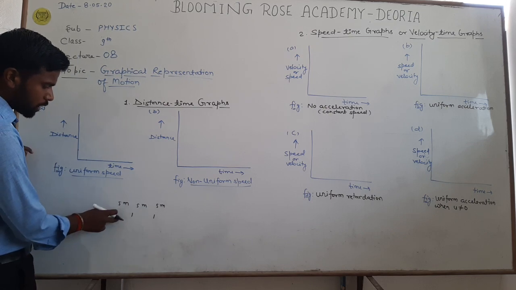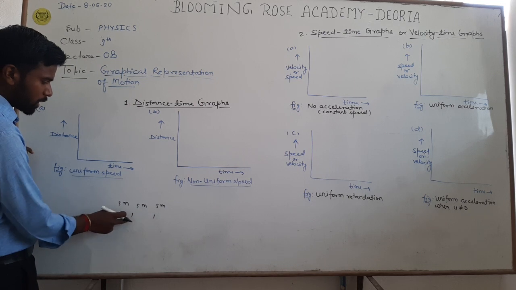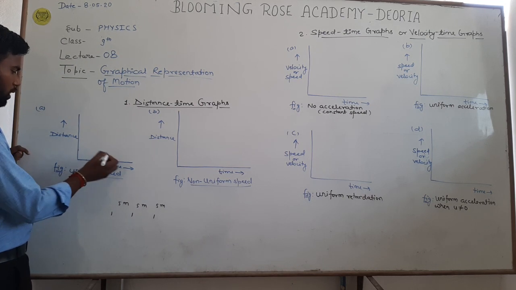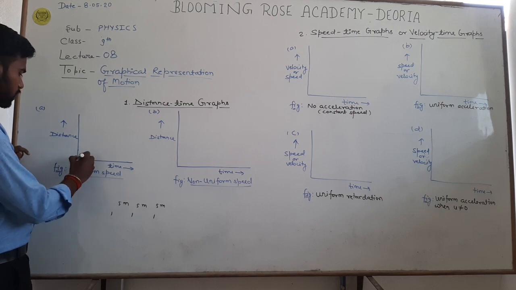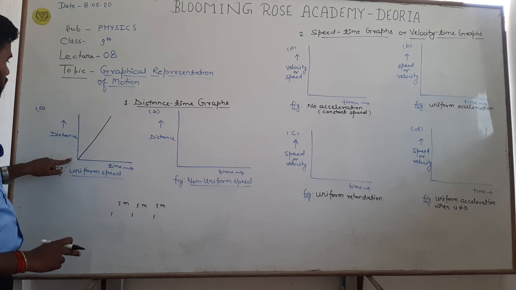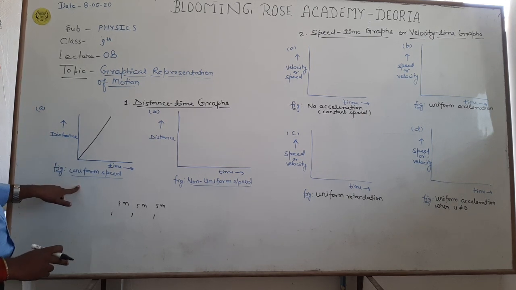Equal distance in equal intervals of time is covered by the object. So the distance-time graph of uniform speed is a straight line which passes through the origin. So it is the graph of uniform speed.